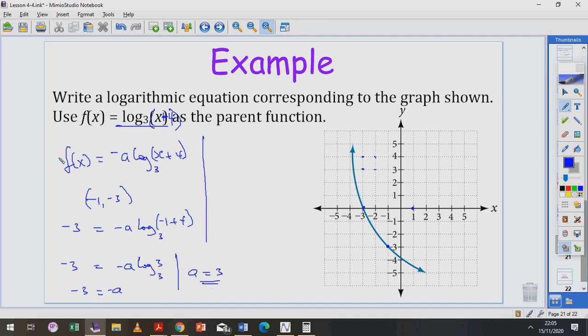So my logarithm equation, f of x, equal to negative a logarithm of x plus 4 to the base 3, since I found that a is 3, is simply going to be negative 3 logarithm of x plus 4 to the base 3.